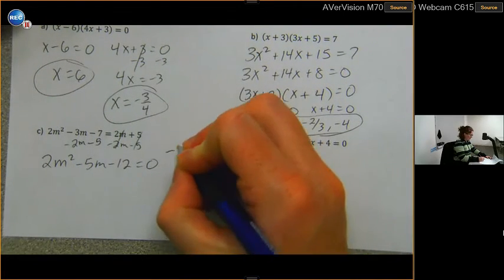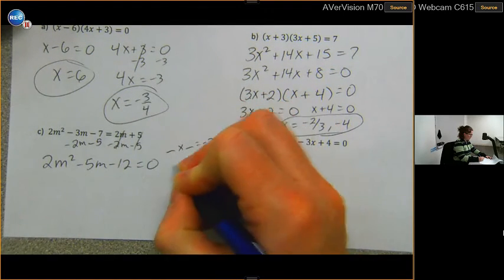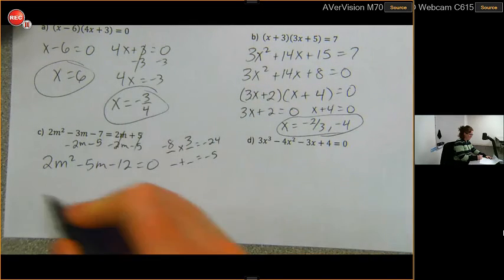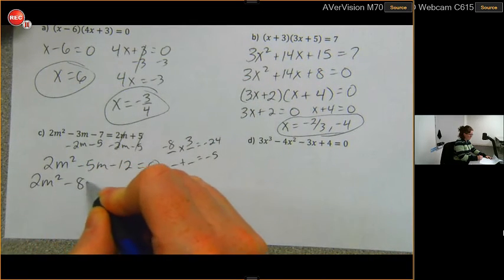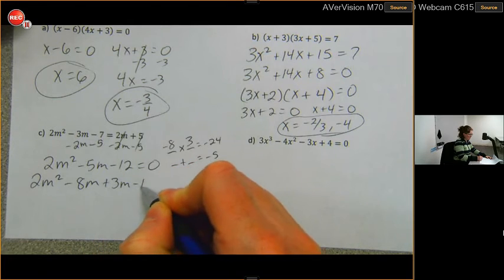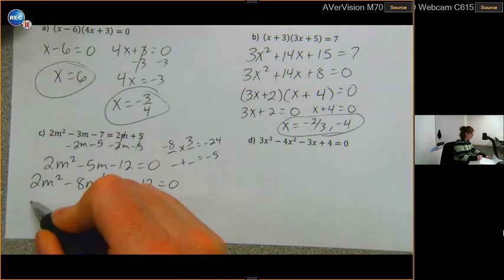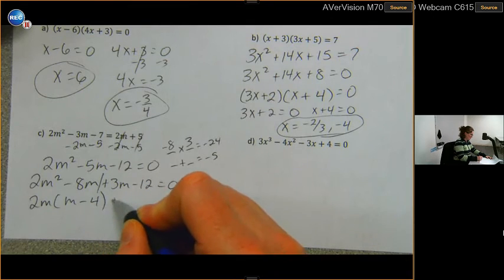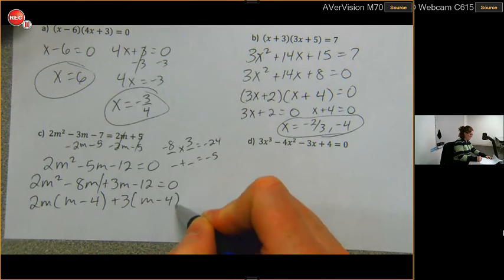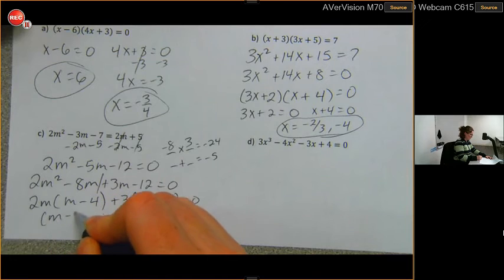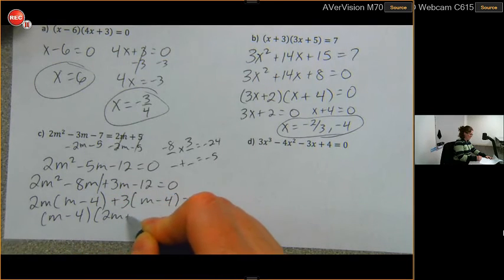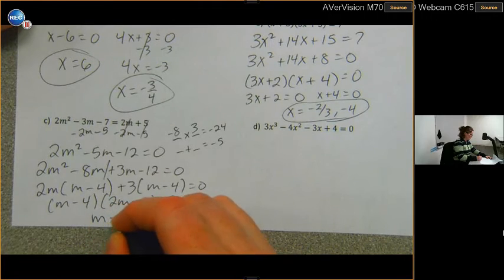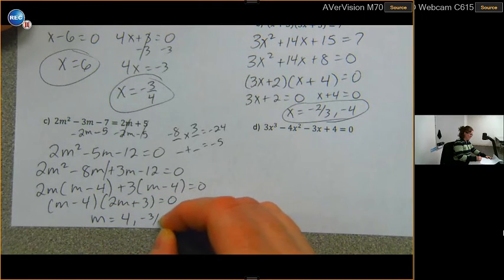If I'm doing the AC method, -8 and 3. And then setting each factor equal to 0 and solving to get our answer.